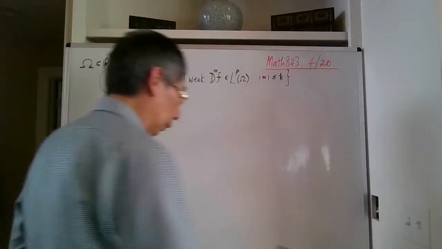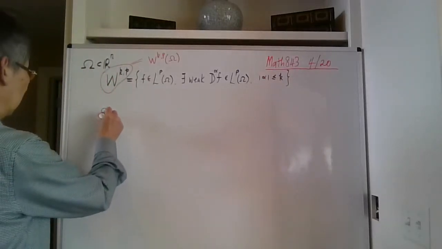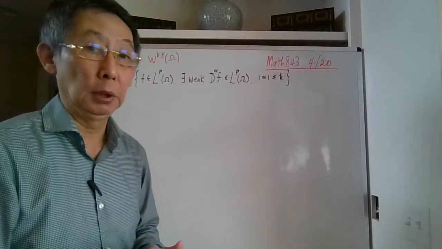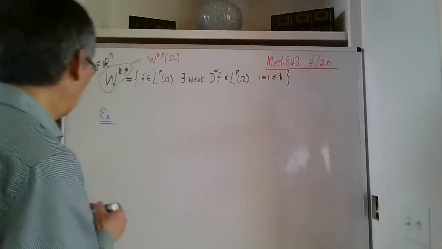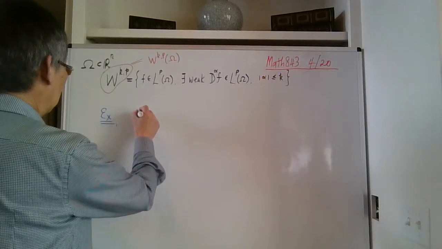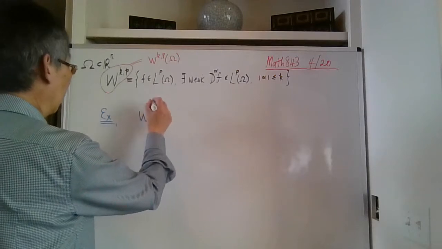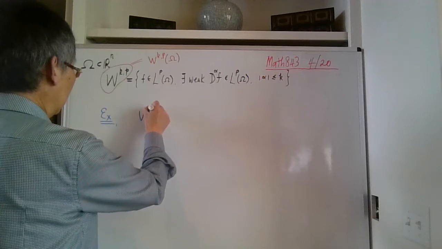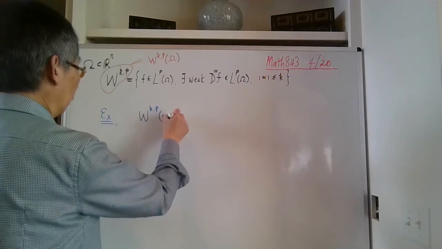Now I'm going to give you the final example. The final example is about the relationship with the partial derivatives, the weak derivative we talked about last time. Actually, I left a homework problem. Think about the one dimensional case, W^{k,p}(a,b).